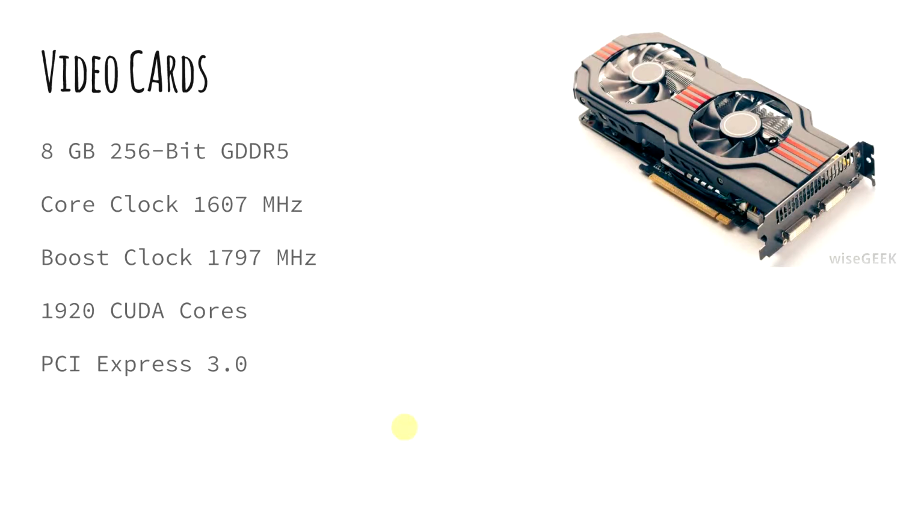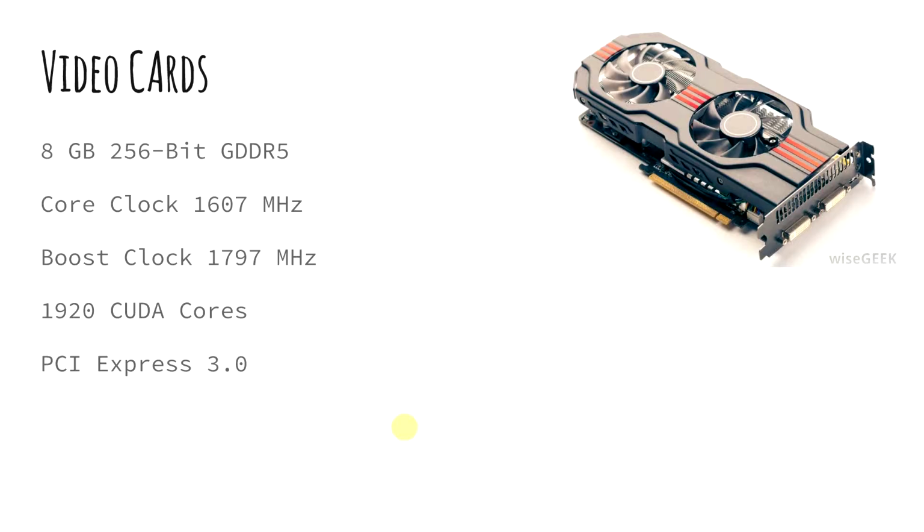Then we move to the stream processors, which are also known as the CUDA cores. These are the number of cores available on a card. More cores, more power, just like back in the CPU, where we had cores within our processor. More cores, better. These cores are different. Here you have 1,920 CUDA cores. They're much smaller cores. They don't operate at quite the same high speed as your processor, but they're essentially close to it, helping to stream your video.